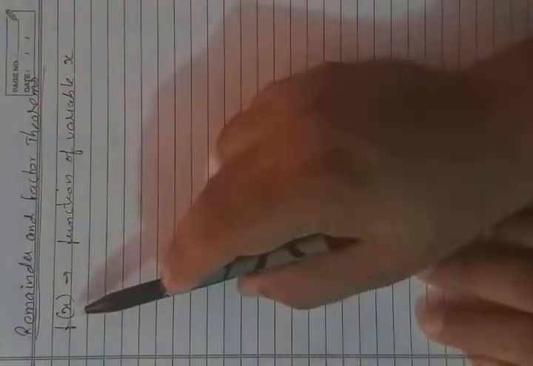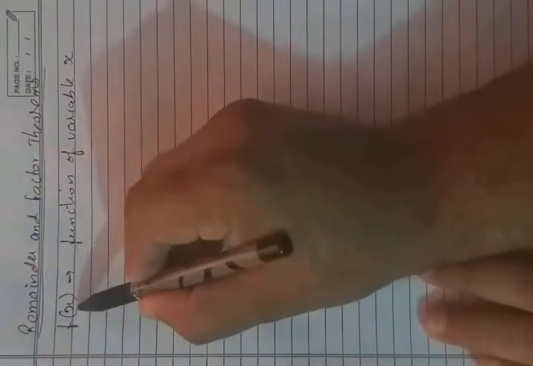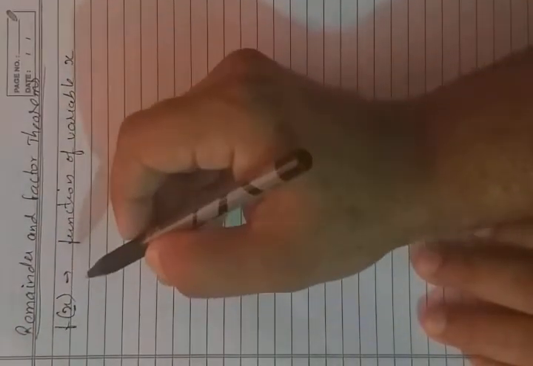Here the polynomials are represented by f of x, where f of x is said to be a function of the variable x, such that the values of f of x will depend upon the variable x.